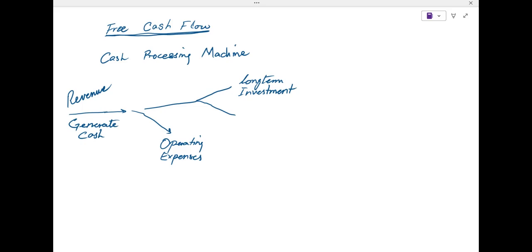and that long-term investment is referred to as plant, property, and equipment. And the firm will also pay for the short-term investments.